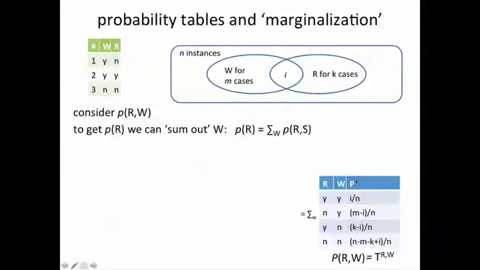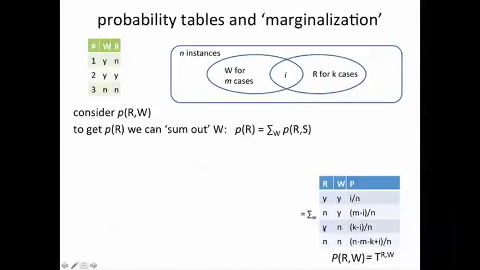Or one could work with this smaller table where one had already done some of the calculations beforehand, but forget about W, that is, sum it out, in the sense that you sum all the rows up, and wherever we have the same values of R, we simply add up those rows regardless of what the value of W is.